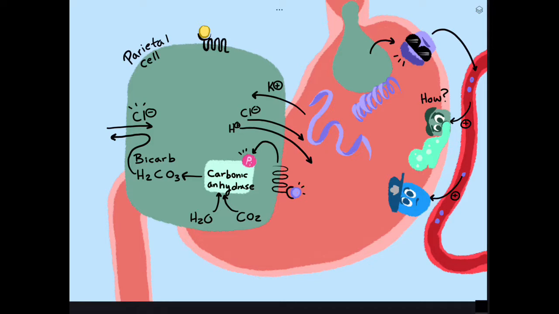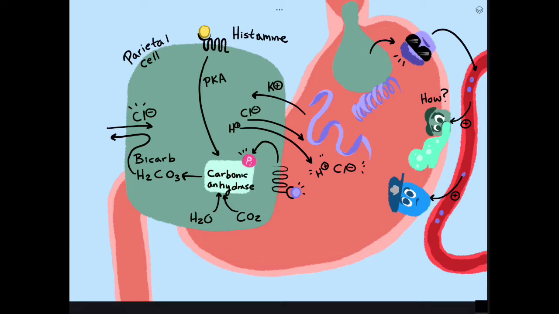They can be secreted into the stomach, and that is powered by an influx of potassium ions. So potassium ions are taken into the parietal cells, and protons and chlorine ions are pumped out.